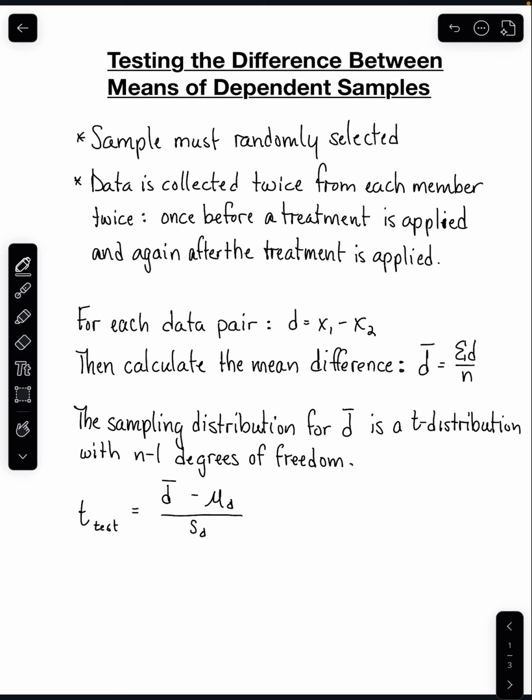Now, of course, since we don't have the population standard deviation, we are not using a z-test. We're using a t-test because we have the sample standard deviation of the differences. And that is, of course, divided by the square root of the sample size.